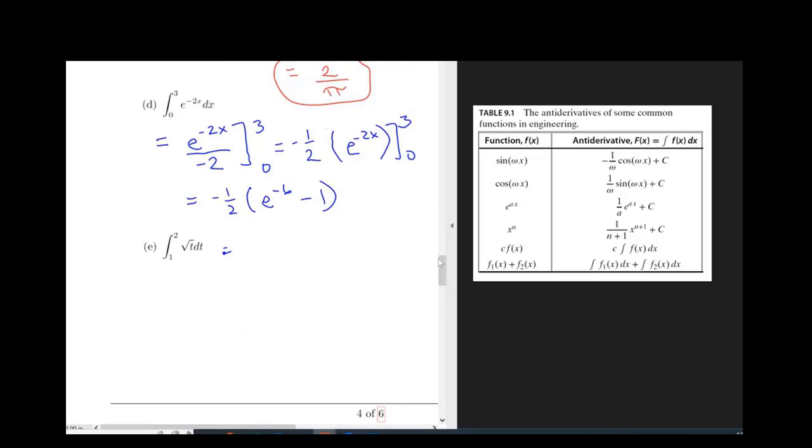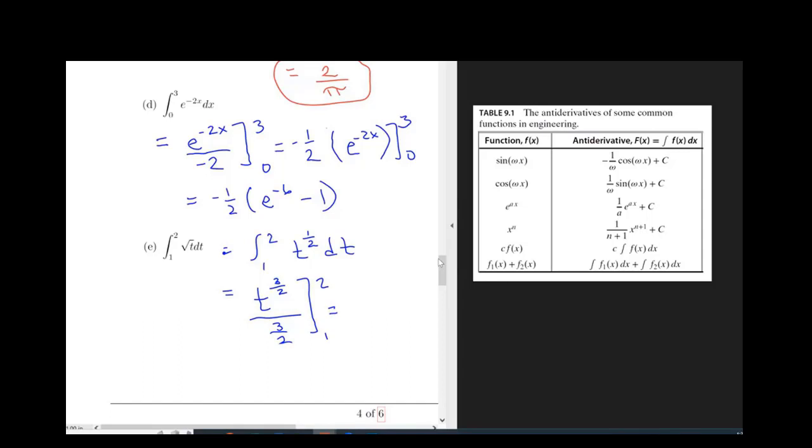But first, I don't have a square root in my formulas, so I have to change this to t to the 1/2 power. And then I integrate. So it becomes t to the 1/2 plus 1, which is 3/2, divided by 3/2, evaluated between 1 and 2.